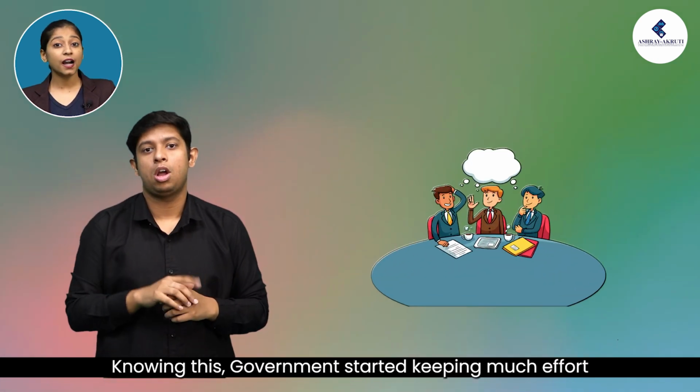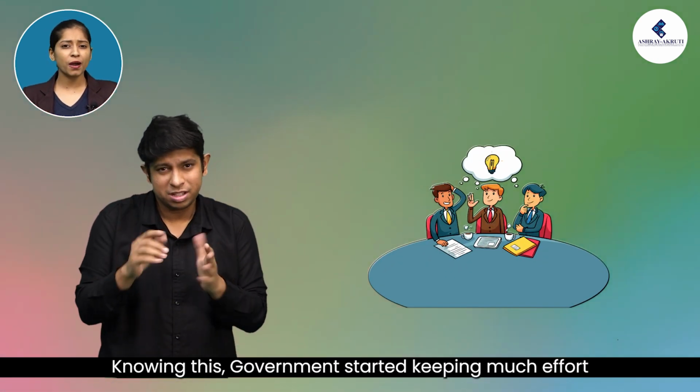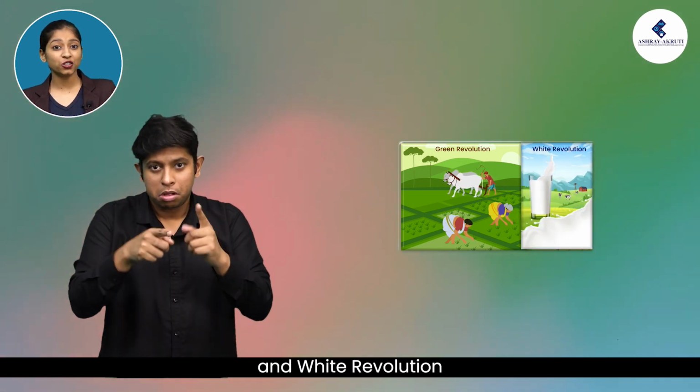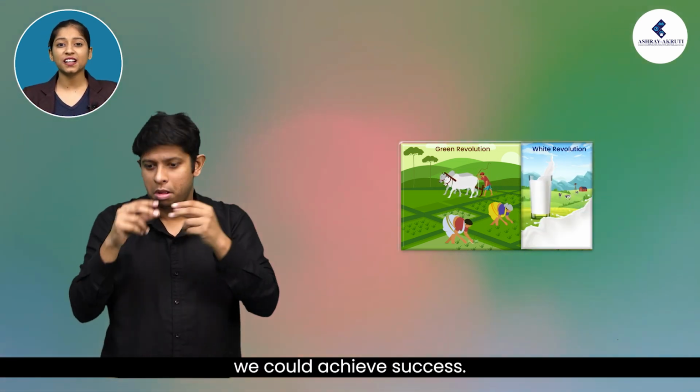Knowing this, the government started putting much effort into improving these resources. With the help of the Green Revolution and White Revolution, we could achieve success.